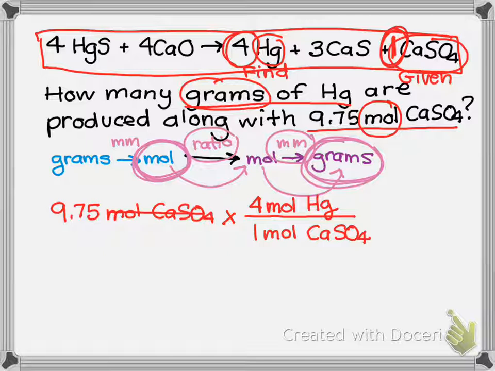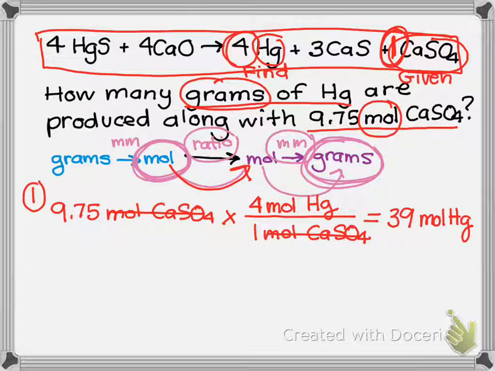So my moles of calcium sulfate cancel. And so on the first step, to go from moles to moles, I'd say 9.75 times 4. And remember, at this point, you don't want to round, but this ends up being 39. So that's 39 moles of mercury.